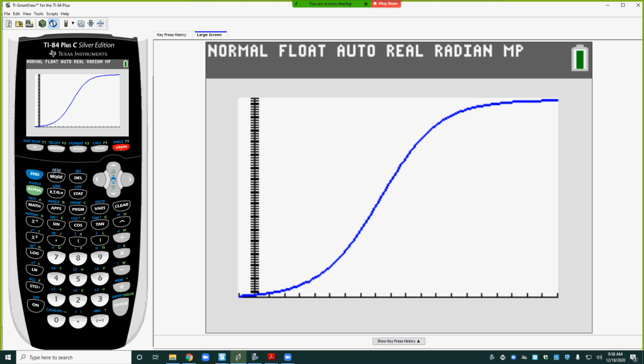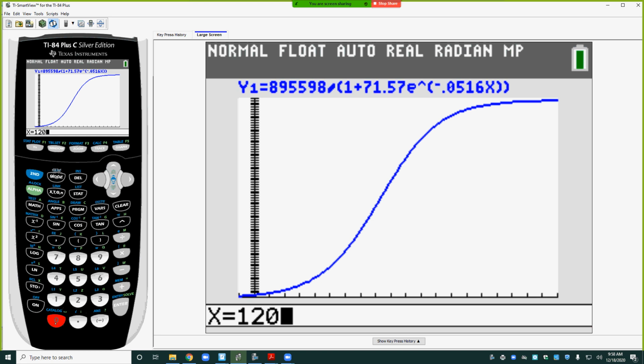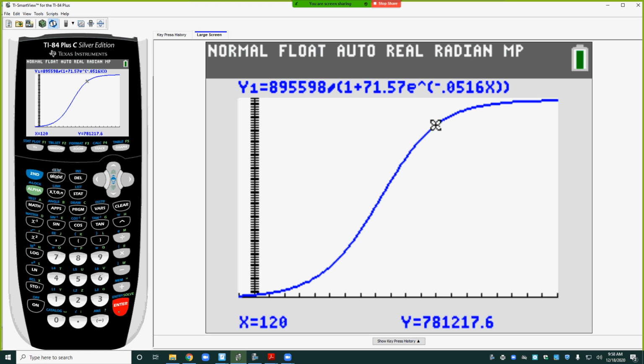I can use this curve right in the graph window if I'm going to use 120, because 2020 is 120 years after 1900. And if 120 is in my graphing window, I can just do trace, 120 years, and there's the population of Alaska in 2020.